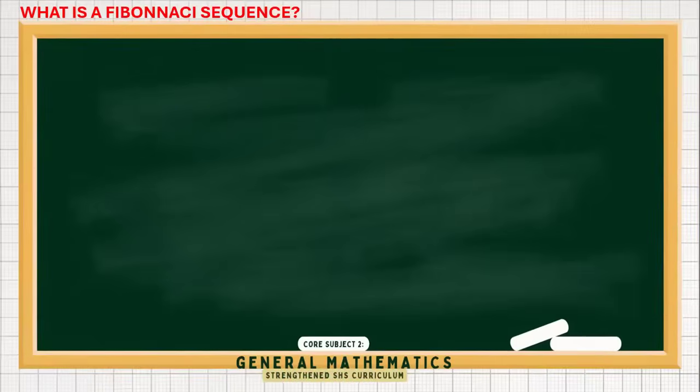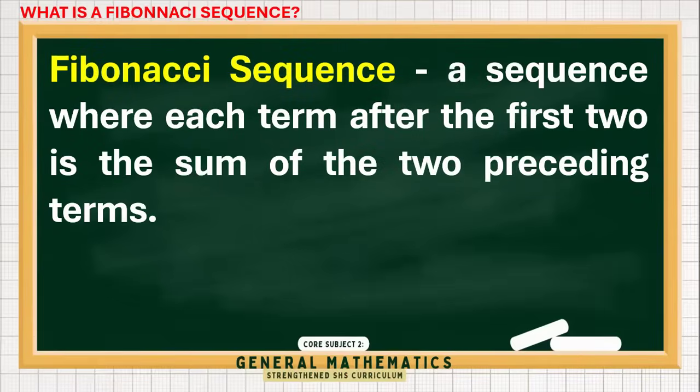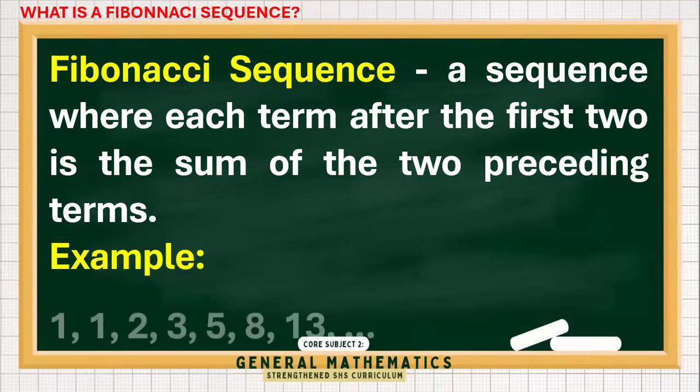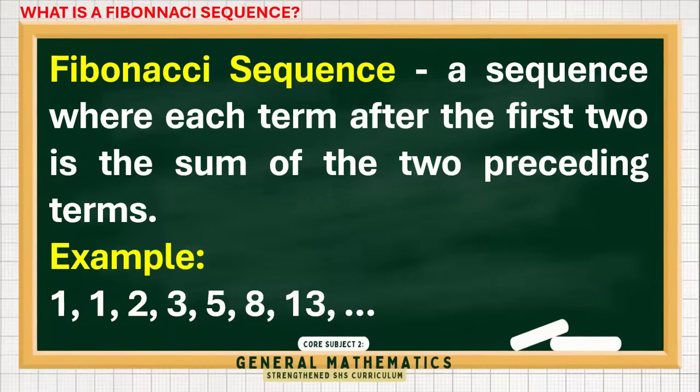Now let's talk about the Fibonacci sequence. Have you heard about this type of sequence? The Fibonacci sequence is a special pattern where each term is the sum of the two previous terms. Example, 1, 1, and then the next number is 2 because we added the two previous terms.